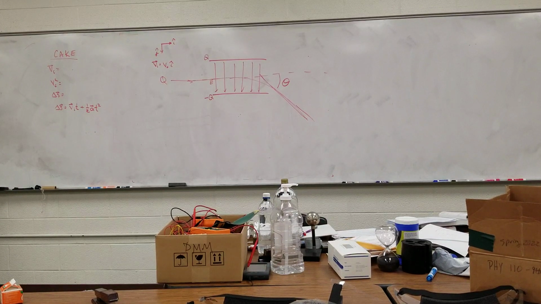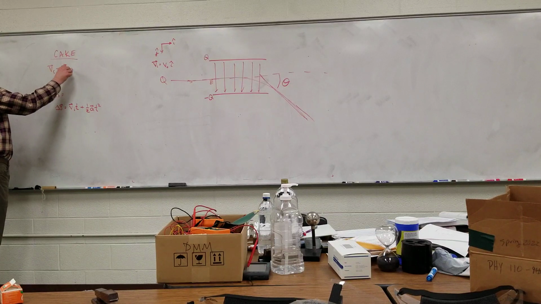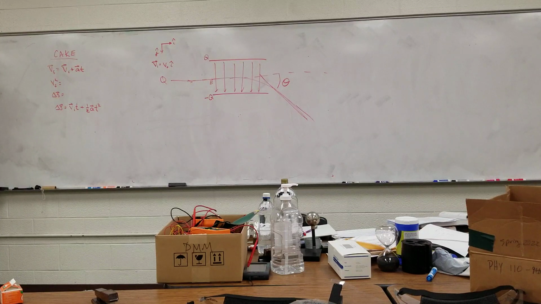And that's the one that we actually, well, no, actually we'll be using the first one. Okay. VF equals VI plus AT. In essence, it's the first derivative of this with respect to time.